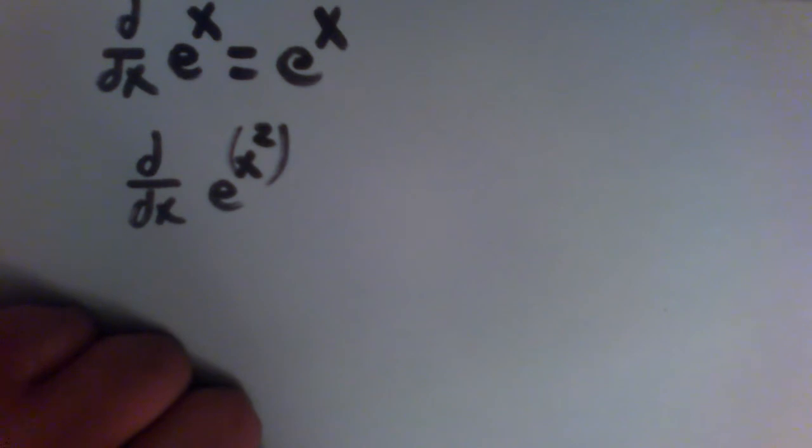But things change when you have, let's say, the derivative of e to the x squared, right? Here we're actually going to be using the chain rule. Let's walk through this example first.